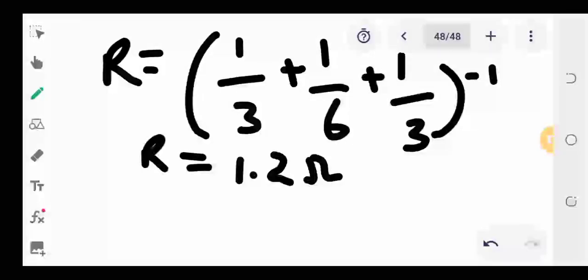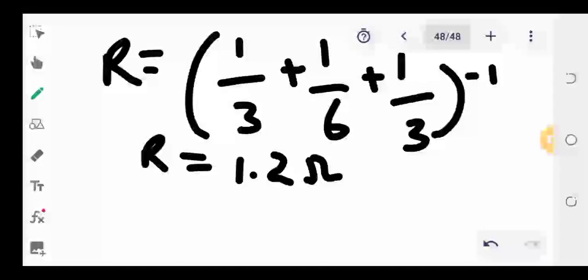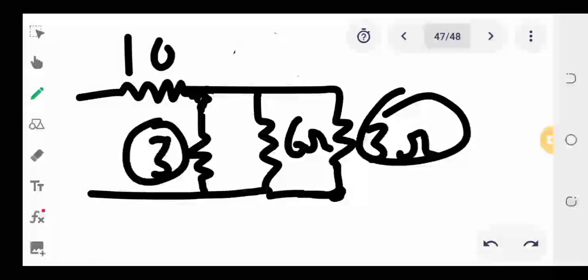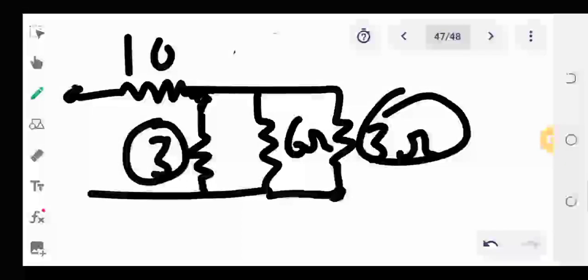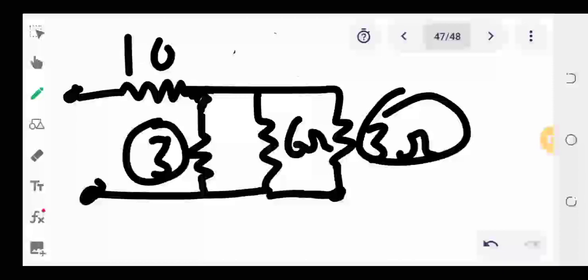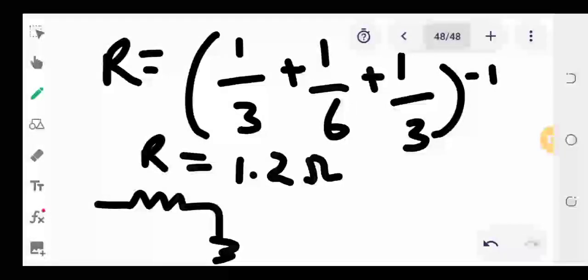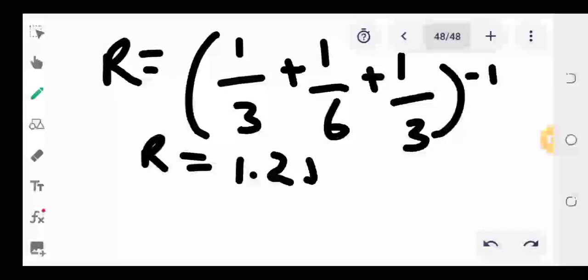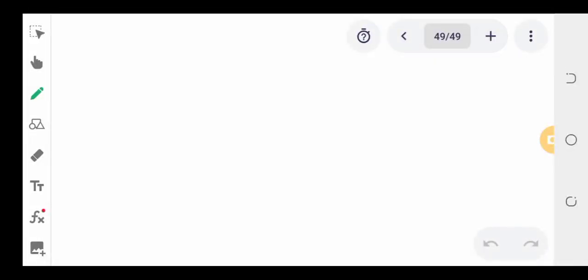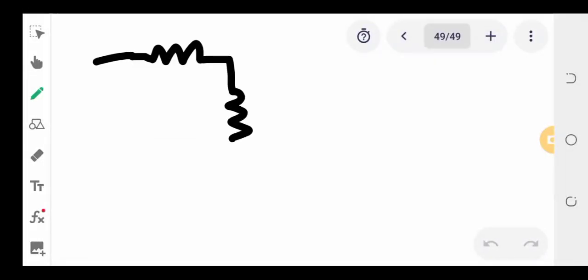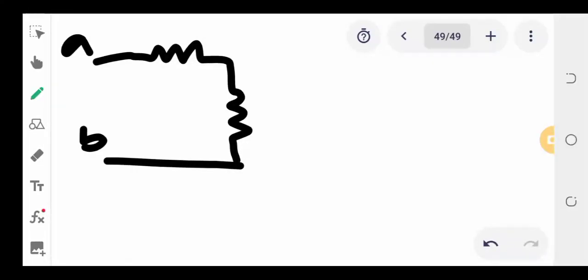So now, this 1.2 ohms will be in series with a 10 ohm resistor. So in this case, where are we? We are up to this now. So this is A, then this is B. This is 10 ohm resistance.